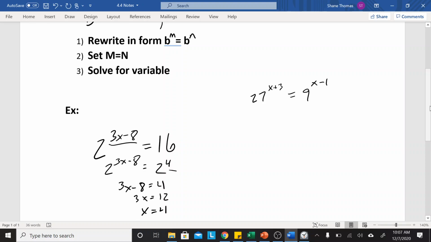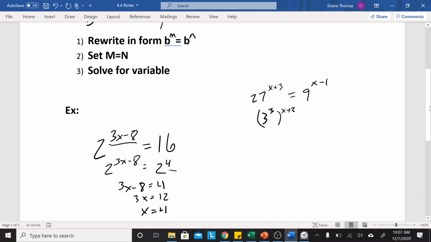But 27 and 9 both are powers of 3, right? So 27 is actually 3 to the third, correct? So I can have 3 to the third to the x plus 3 power.